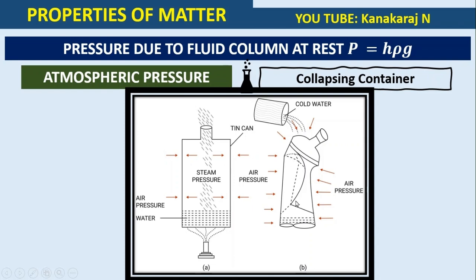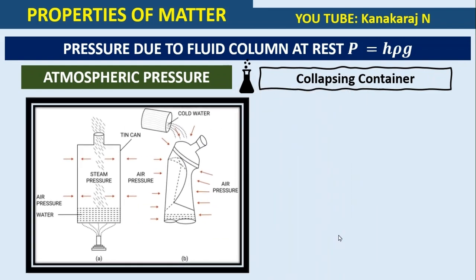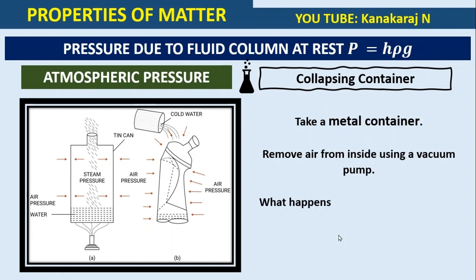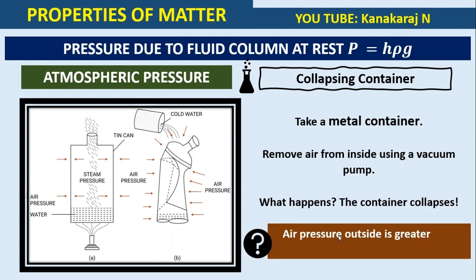We found that this container collapsed. Take a metal container, remove air from inside using a vacuum pump. What happens? The container collapses. It's because the air pressure outside is greater than inside. That crushes the container.